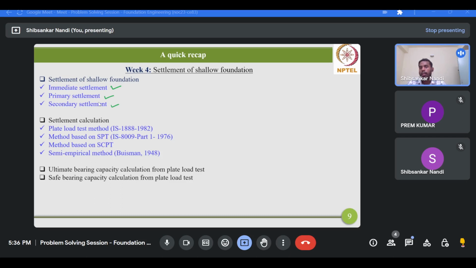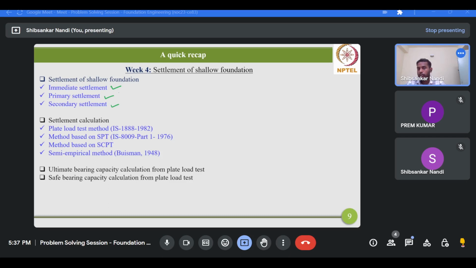Depending on the nature of the soil, you may expect that for some soil only the immediate settlement will constitute the whole settlement. In many cases, primary settlement will constitute the whole settlement. Similarly, for some soil, secondary settlement will be the only applicable entity.